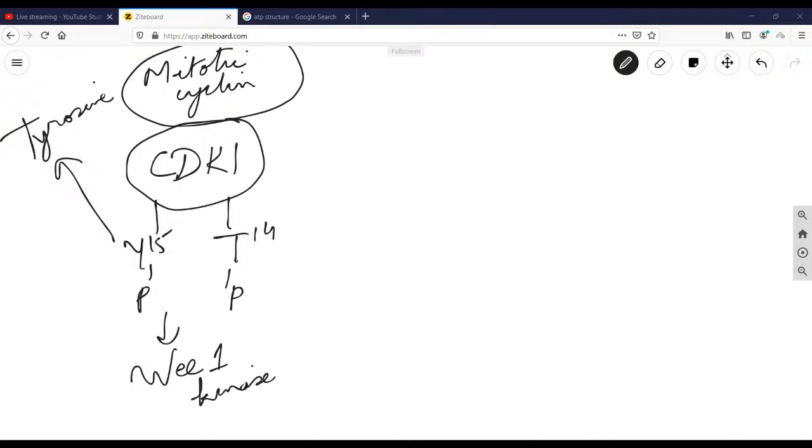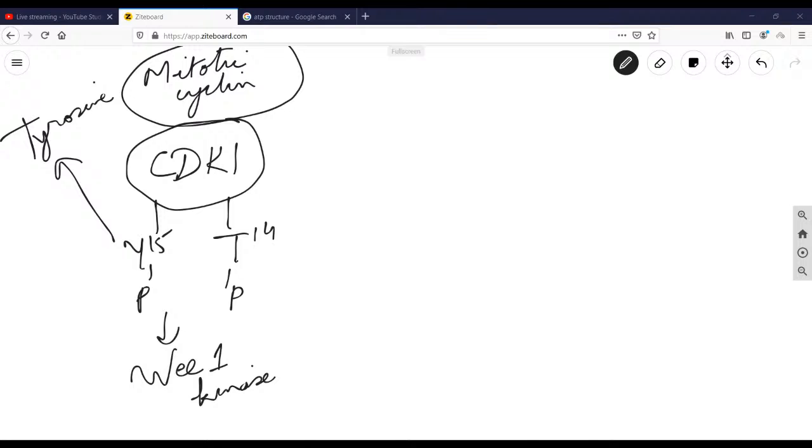Once DNA replication has been completed, only after that will this phosphorylation be inhibited. Now what will happen is once DNA replication is completed, the phosphatase, just like when we entered mitosis the CDC14 got activated, there will be a specific phosphatase, CDC25, which will be activated.